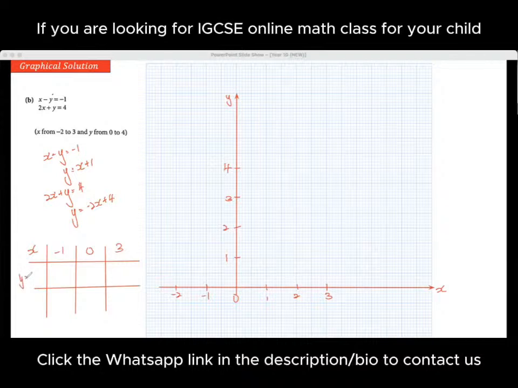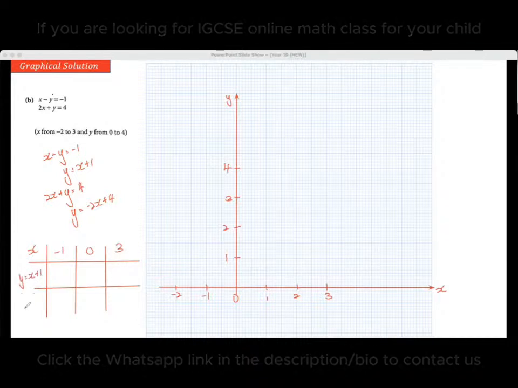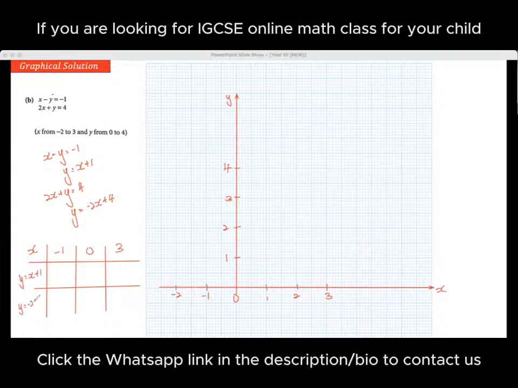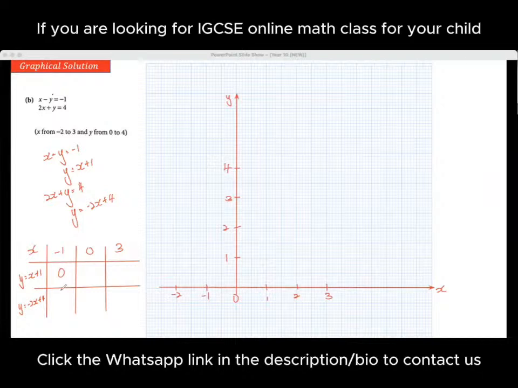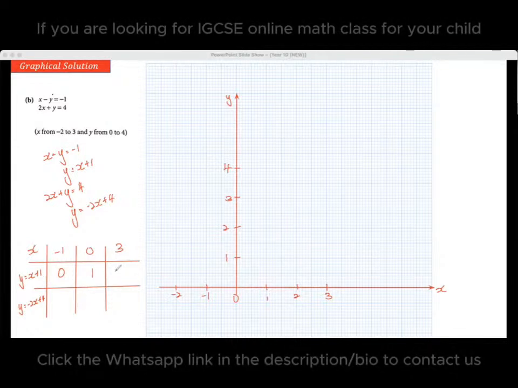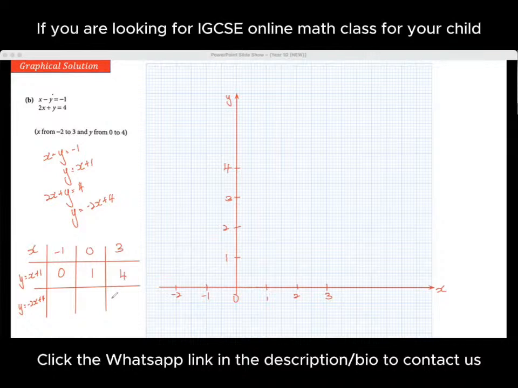So y equals x plus 1, y equals -2x plus 4. When x equals -1, y equals 0. When x equals 0, y equals 1. When x equals 3, y equals 4.